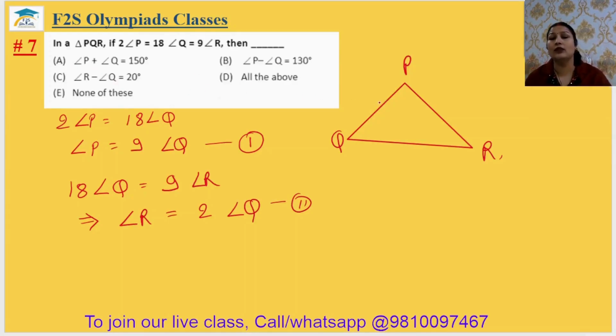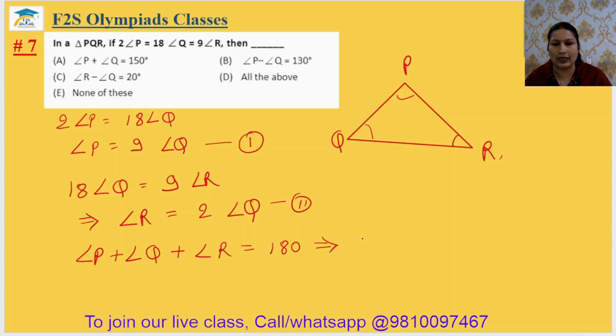So it's better first we will find all the angles. Okay. So you can see the sum of the angles of a triangle should be equal to 180 degree. So here angle P plus angle Q plus angle R should be equal to 180 degree.